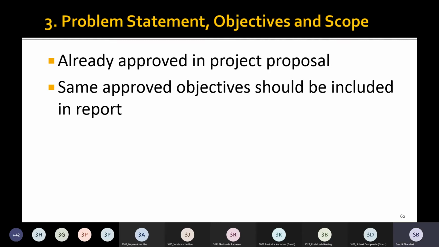Right? Now, the next chapter in our report is design and methodology. This chapter is really very important. In the project proposal we also had a methodology chapter, but that was too brief.